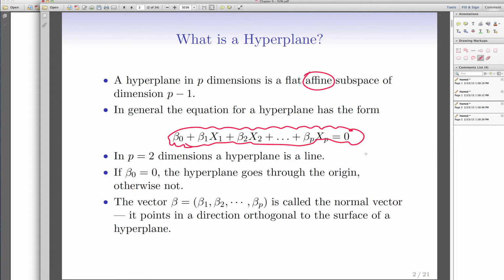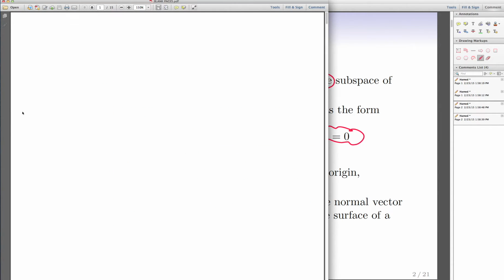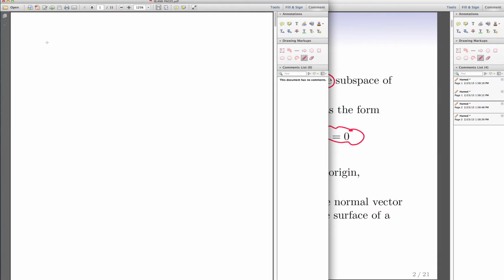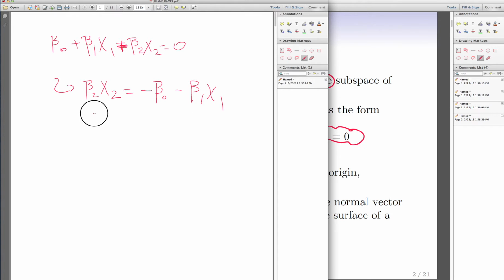So in p equal to 2 dimensions, we have a simple affine line. Let's see why. When I write beta 0 plus beta 1 x1 plus beta 2 x2 is equal to 0, I can rewrite it as beta 2 x2 is equal to negative beta 0 minus beta 1 x1, or just x2 is equal to negative beta 0 divided by beta 2, minus beta 1 divided by beta 2 times x1.